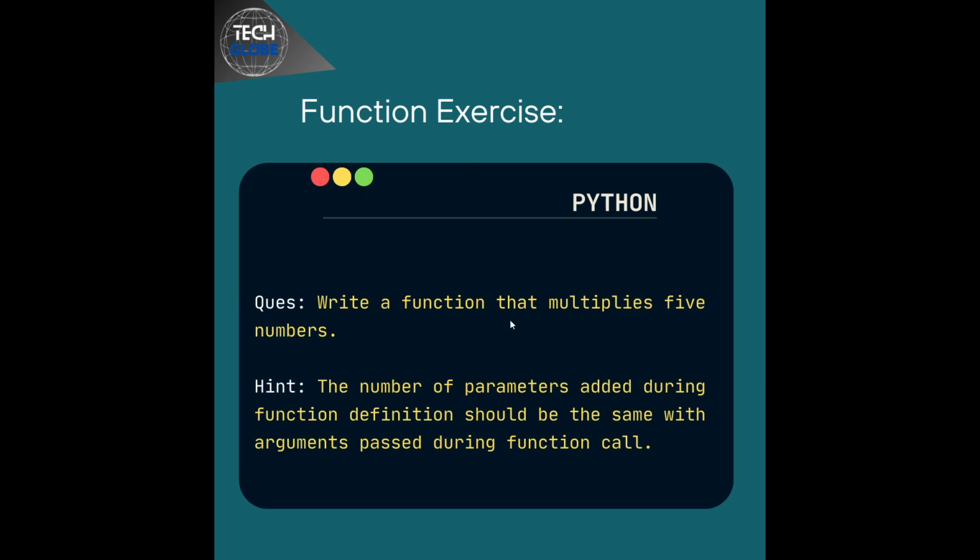Write a function that multiplies 5 numbers. Basically, you have to define your function, have your parameters in place, and ensure that during the function call, the number of arguments in the call is equivalent to the number of parameters in the function definition. Once you do that, this is a hint.